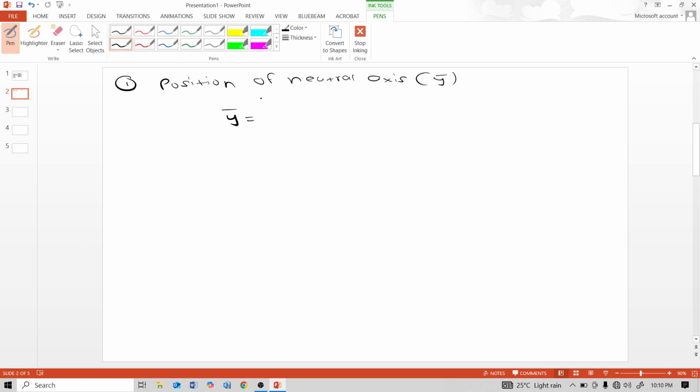So to find the position of the neutral axis, the equation is y bar equal to a1 y1, where A1 is the area of the bottom plane and y1 is the neutral axis distance to this bottom plane, plus a2 y2 for the web and plus a3 y3 for the top plane, divided by a1 plus a2 plus a3.